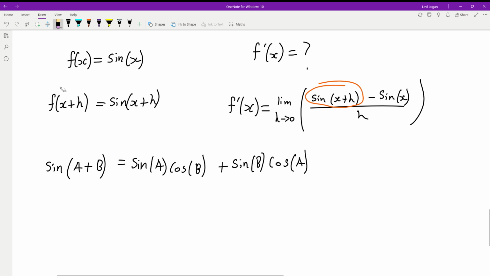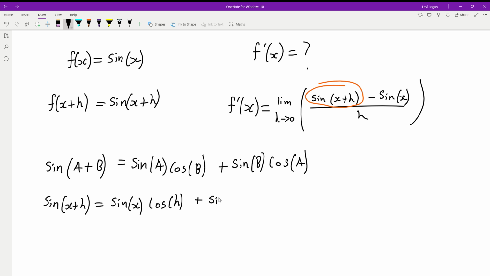Sine of x plus h means sine of x cos of h plus sine of h cos of x. Now that would be a lot easier to put into here, and then we can start breaking stuff up.